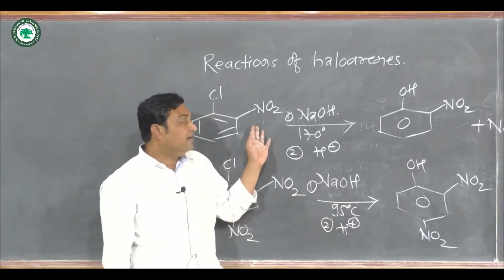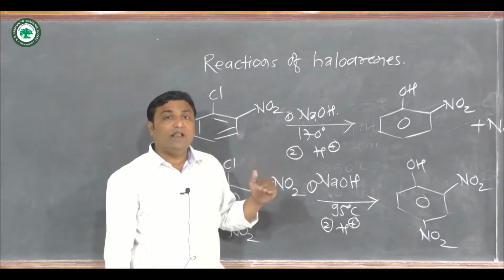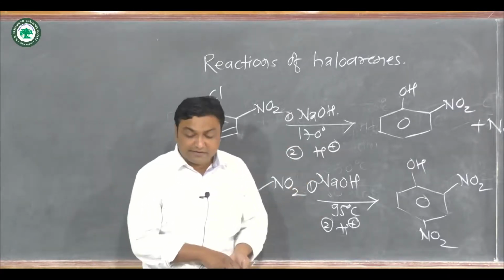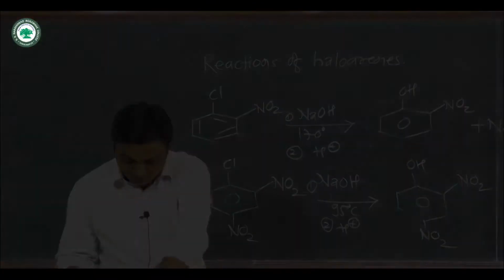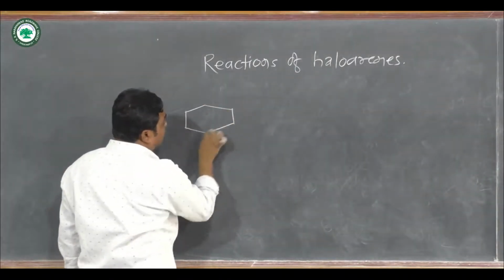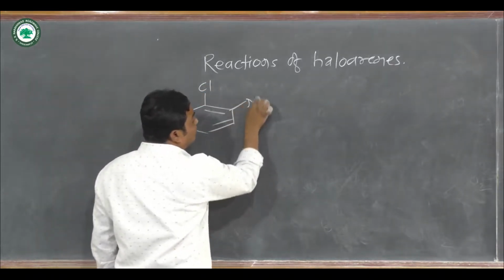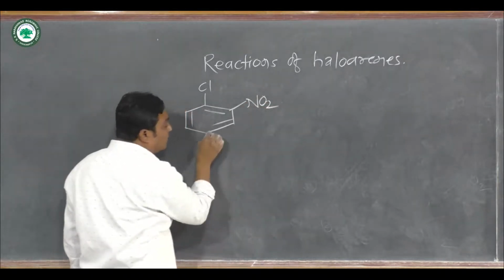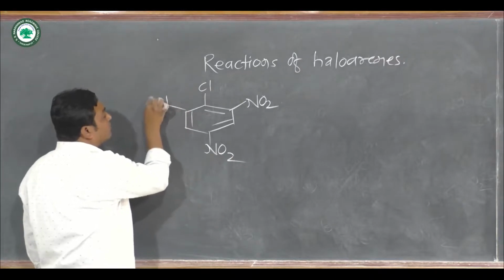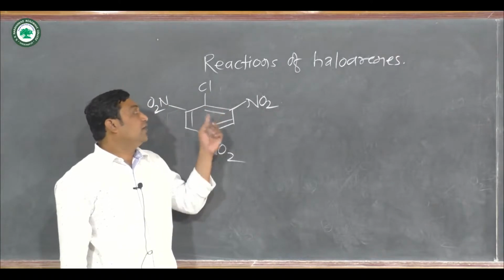Now, if we add 3 nitro groups to haloarenes, what will happen to that reaction? That also we have to see in our next example. When we add 3 NO2 groups, 2 at ortho position and 1 at para position, this is the trinitrochlorobenzene.